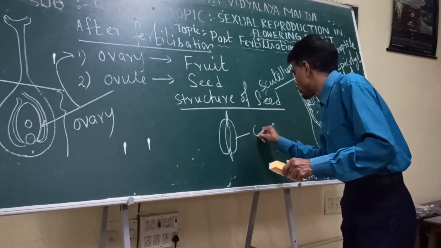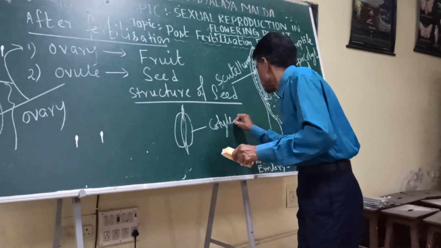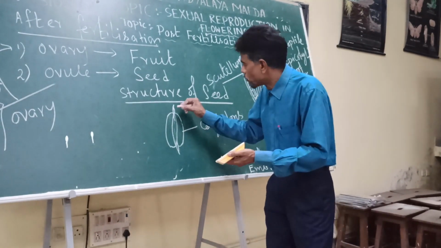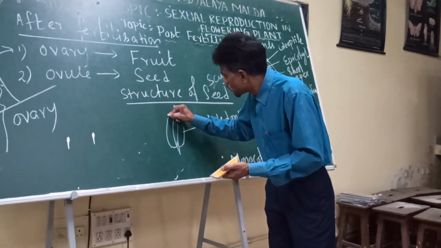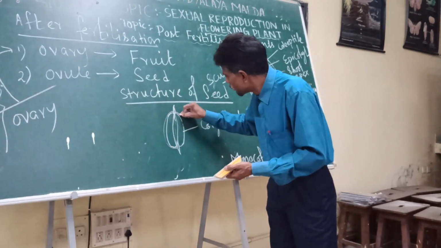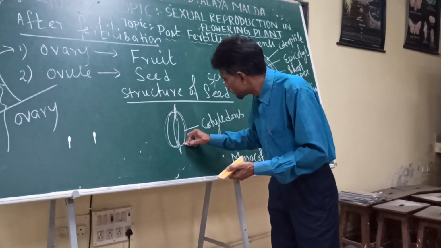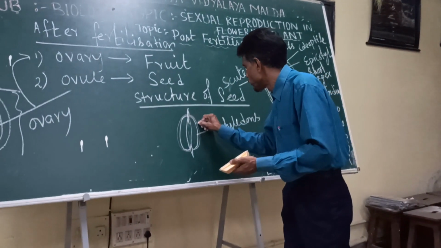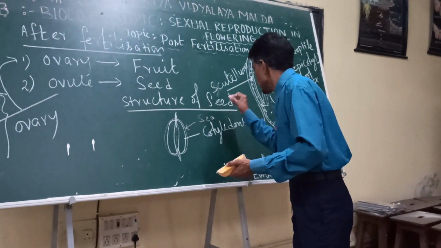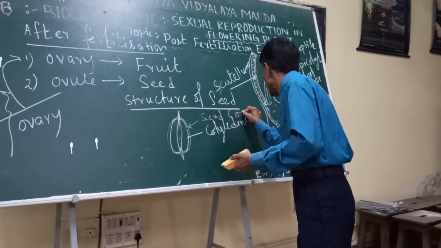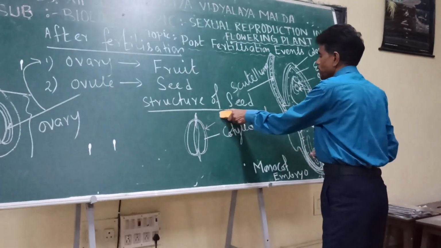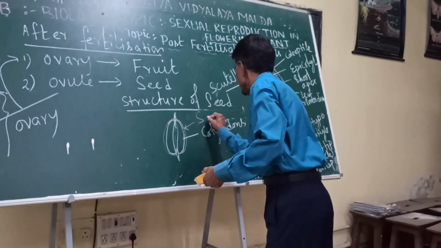These are the cotyledons. And there is a seed coat. This is the seed coat.